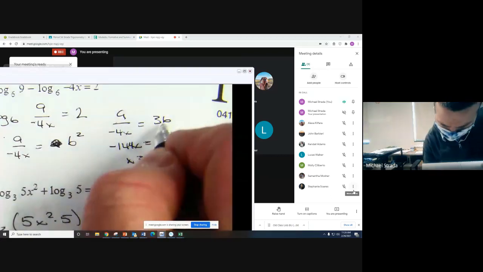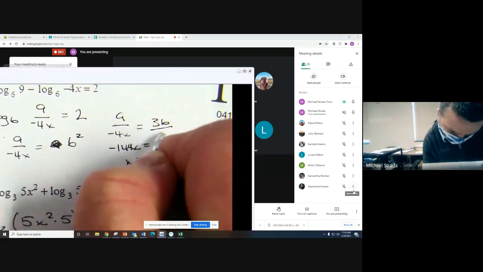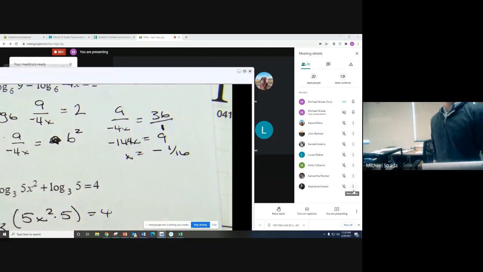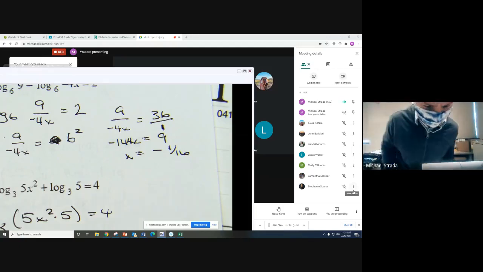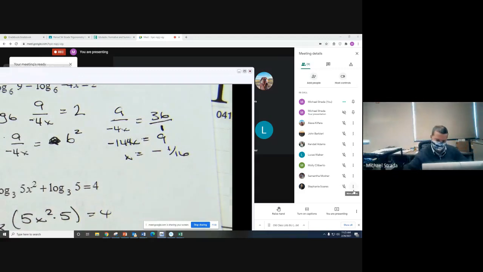See the 36? That's going to be 1, right? How many times does 9 go into 36? If you multiply the numerator by 4, you got to multiply the denominator by 4. So basically, that's why negative 4x. Hold on. You might be onto something. That's negative 1. Hold on.